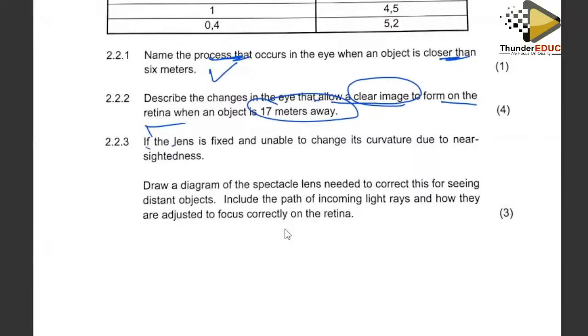let's read this. If the lens is fixed, unable to change its curvature, due to nearsightedness, it means that this person is able to see objects which are near, but won't be able to see objects which are far.